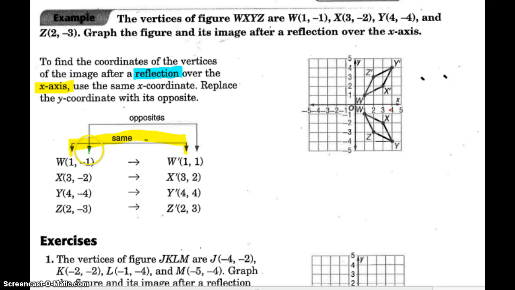The y coordinates, though, you're going to write down the opposite. So 1, 3, 4, and 2 all stayed the same. And then for the y, because I reflected over x, x stayed the same. Y's become the opposite. So -1 becomes +1, -2 becomes +2, negative 4, positive 4, negative 3, positive 3.